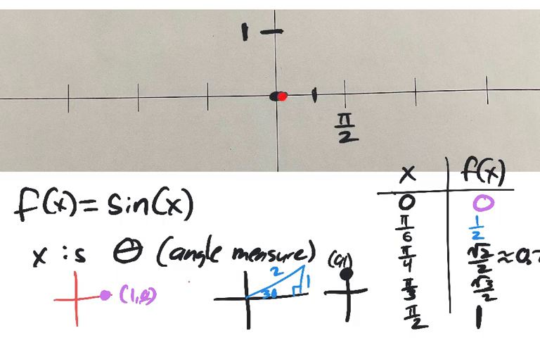So when I get halfway there, I'm more than halfway up. Do you follow that? Because halfway would be 0.5. But I'm at 0.7. So it grows very quickly initially, right? Pi over 6 is somewhere here, and I'm already halfway up that quick.